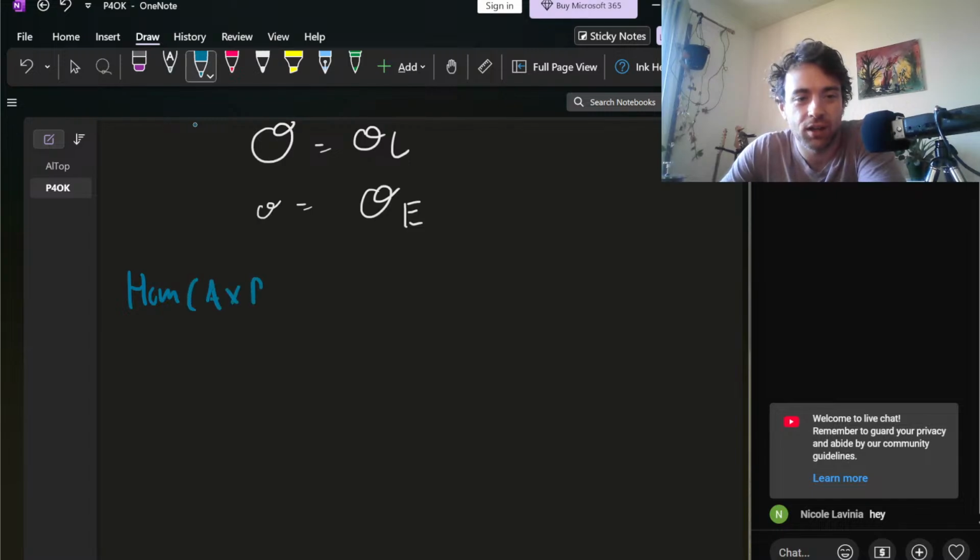So we are going to prove that there is a bijection between the following two sets.